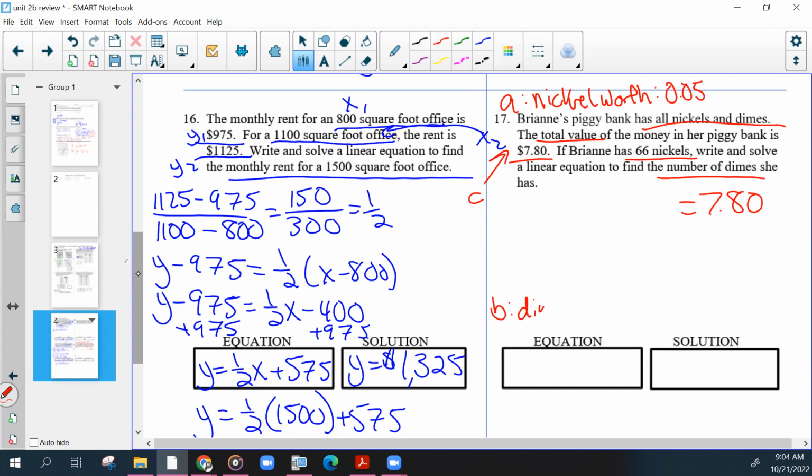Somewhere on there, you need to tell me what A and B represent, the dime and nickels worth. So then 66 nickels, would that be X or would that be Y? If it has to be AX plus BY, look at A. That should help you.